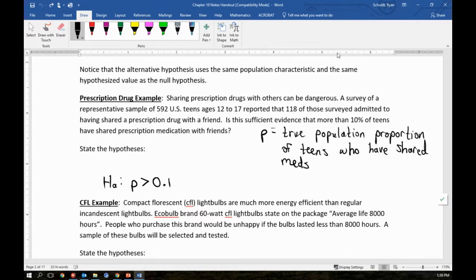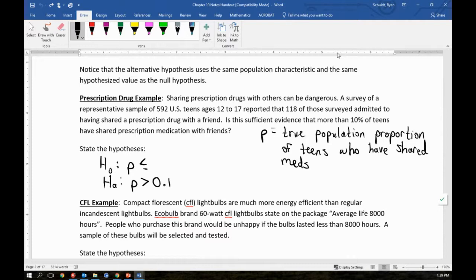Okay, so for the alternative, I'm going to do these in accordance with what dual credit has to do. For AP, just remember the null is p equals; that's what it is. Population equals number. So that's how it's always going to be for y'all. For dual credit, we have to take the opposite for our null. So what's the opposite of greater than?